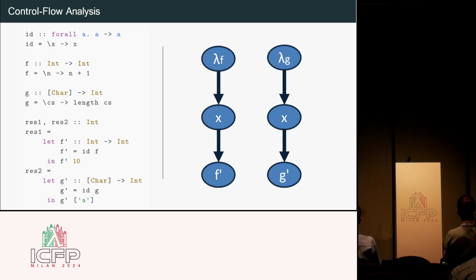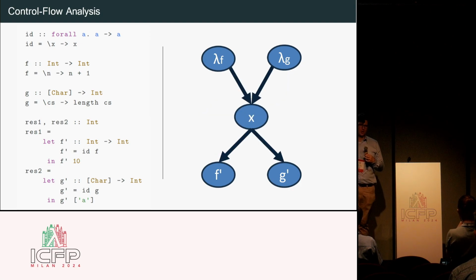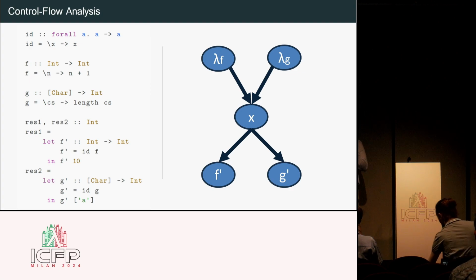But if you want to do things efficiently, and you have to merge values together because you are inherently doing an approximation, you end up merging this x, which causes you to flow all the values to both f prime and g prime, even though that's not really what you want. But by using type information, we're now able to actually distinguish the results that come out of this x after the fact. So as a result, we're able to recover all of our information that we lost by storing everything into one big bucket, which is basically what x is bound to.